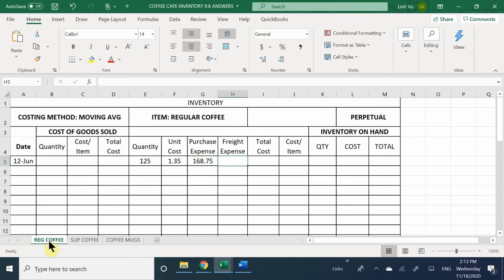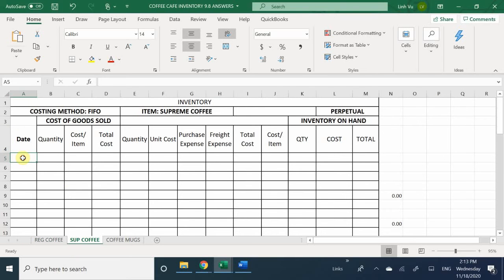Again, now that we haven't incurred freight expense, I'll give you a hint. That's the next part we're going to be dealing with. So let's leave the page and move on to the Supreme Coffee and enter the information there.